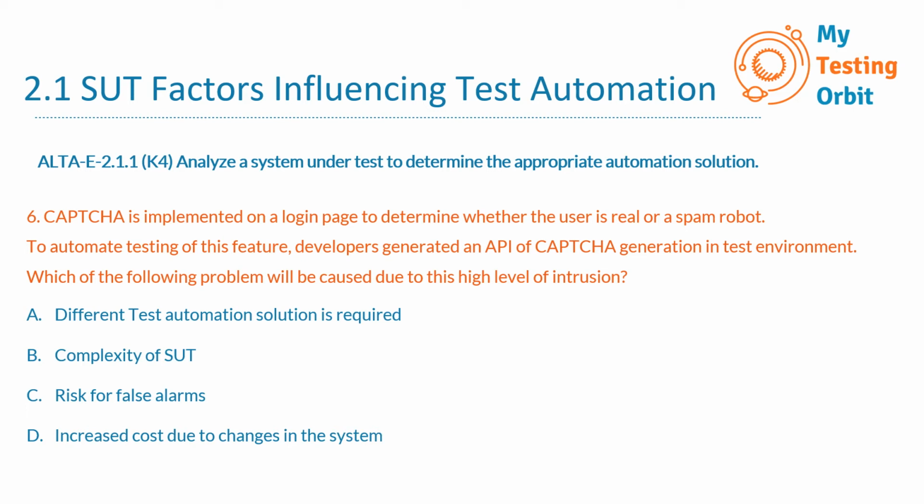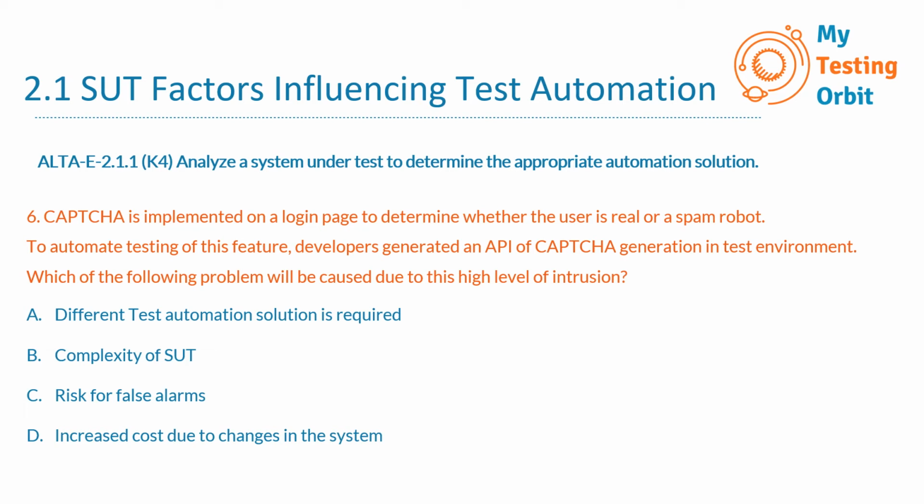So if you want to automate the login page including the CAPTCHA functionality, then of course you need to make a few changes. As it said in the question, to automate testing of this feature, developers generated an API of CAPTCHA generation in test environment, which means that that change was done only in test environment in order to automate the functionality of that feature.